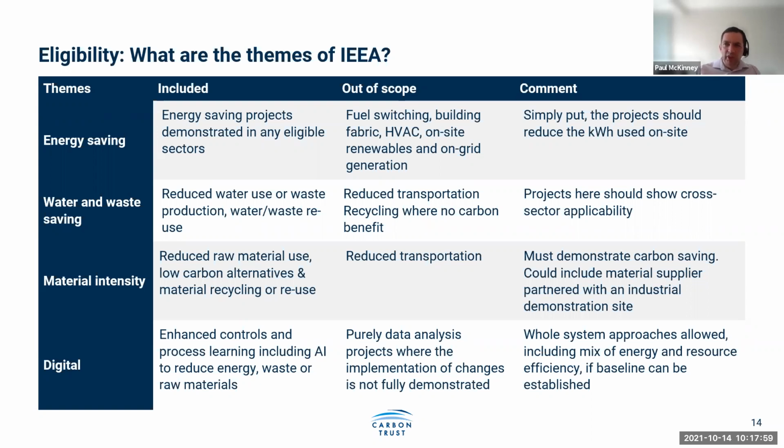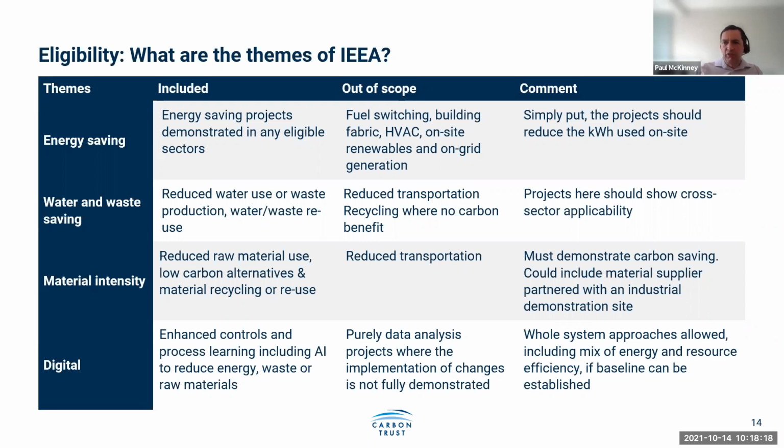So we're not looking at fuel switching, for example, which might be lower carbon, and there's a separate competition for that. We're not looking at the building fabric and building services. We're not looking at renewable energy. This is about energy efficiency.